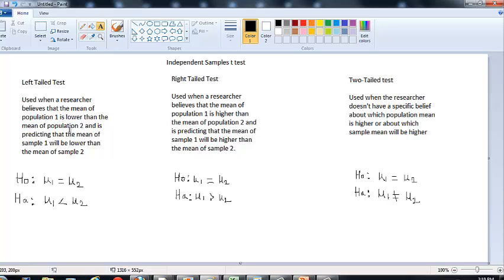And the researcher is hoping to support this belief that they have, which means in a left-tailed test, they're trying to support their belief right here that the mean of the first population is lower than the mean of the second population. And they're hoping to reject this possibility that the two means are simply equal. So this is what they're hoping to support.